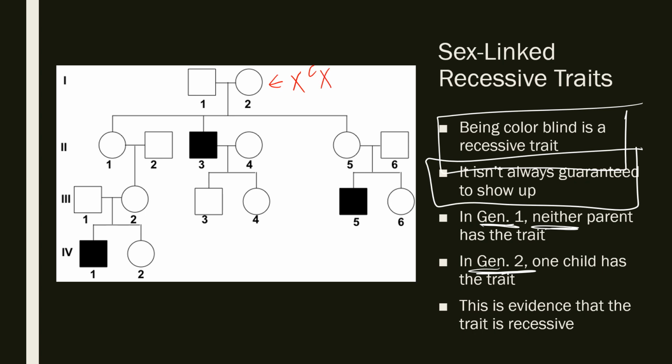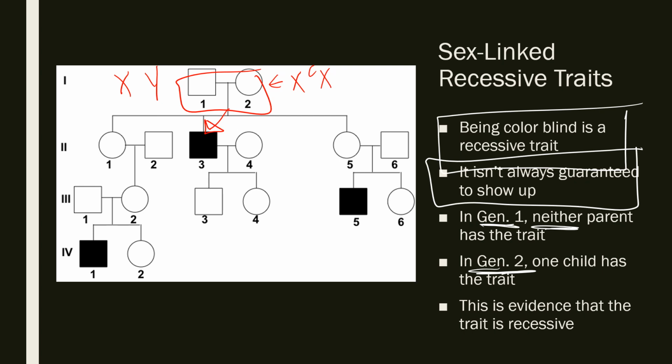Think about it. If mom was a carrier, she has one X chromosome that is affected. If dad was colorblind, he would have his shape filled in here, but he doesn't. He does not have colorblindness, but mom does. So they together are likely to pass down colorblindness to their offspring.